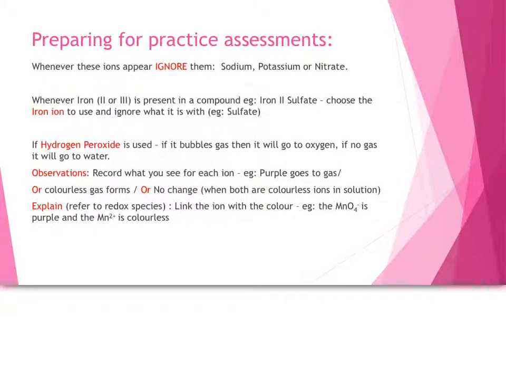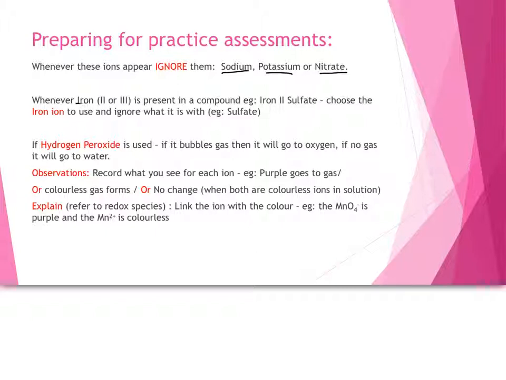Here's some things that you need to remember when you're trying to pick which ions you're going to worry about and write equations for. Firstly, you must ignore sodium and potassium and nitrate. You ignore them because they're always just spectators in the reaction. They don't do any oxidation or reduction, so we can just immediately write them off.